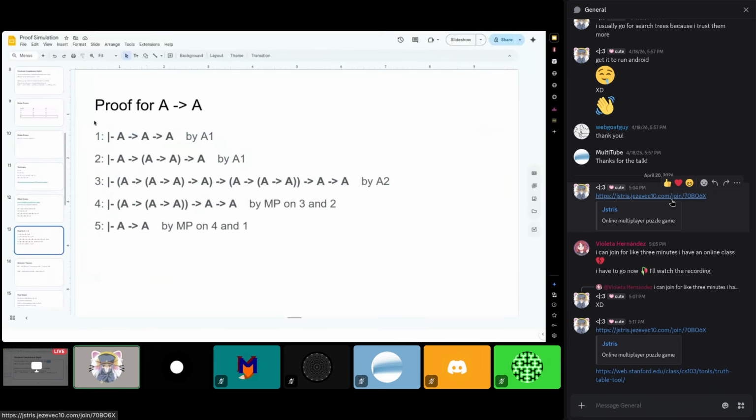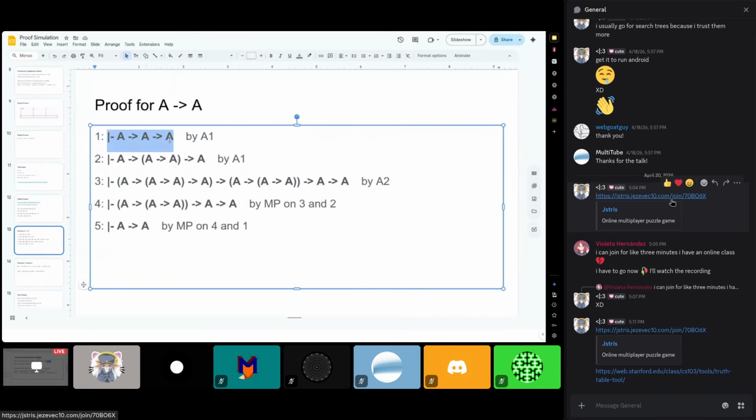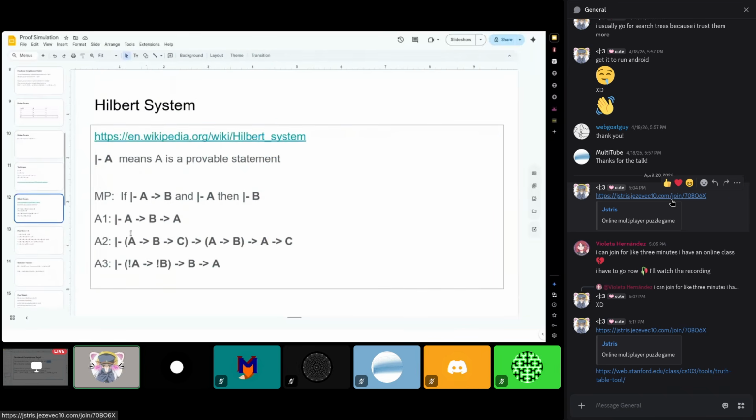Here's an example. Here's a so-called Hilbert style proof of A implies A. So the first line here says that we can prove A implies A implies A using axiom one here. These are actually schematic axioms, as they're called. You can replace A and B in these with any propositional statement.